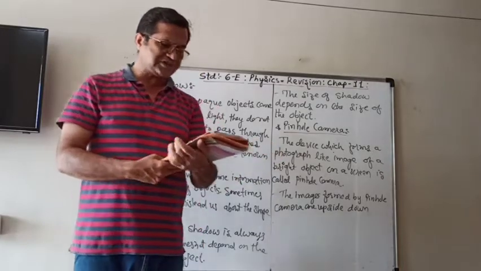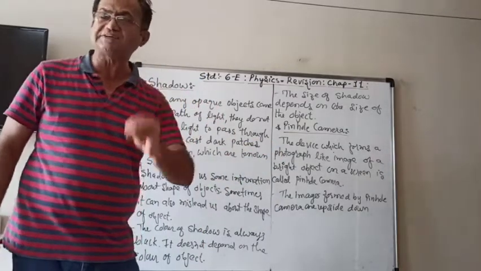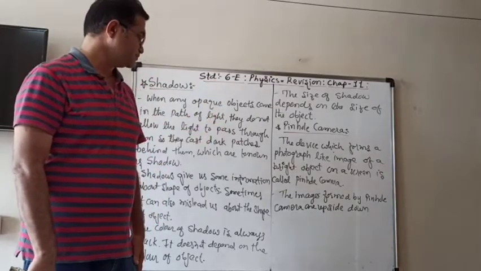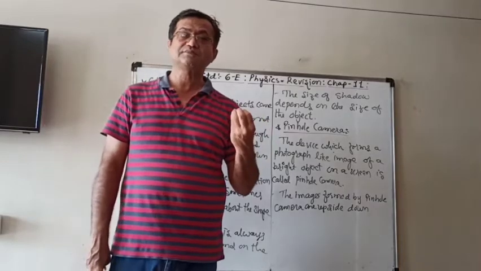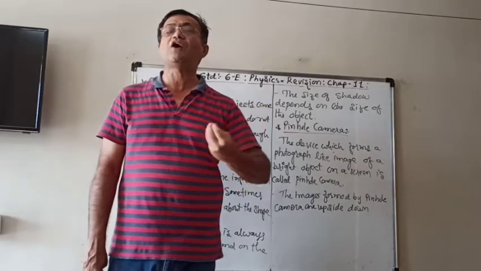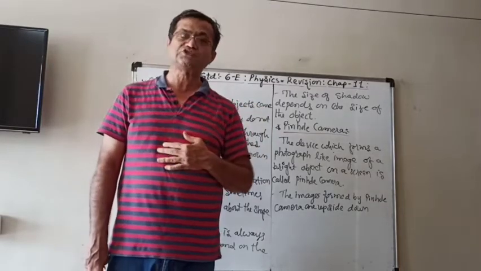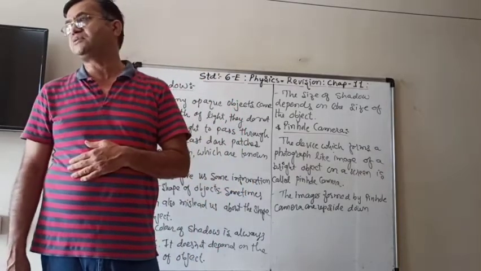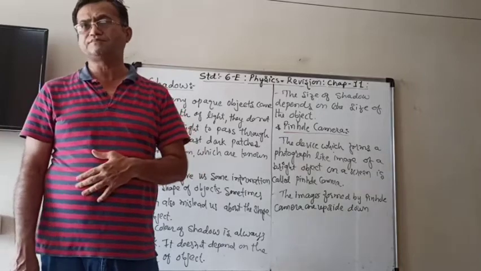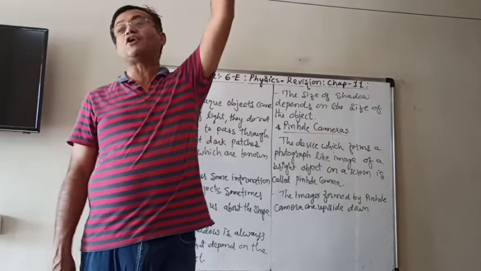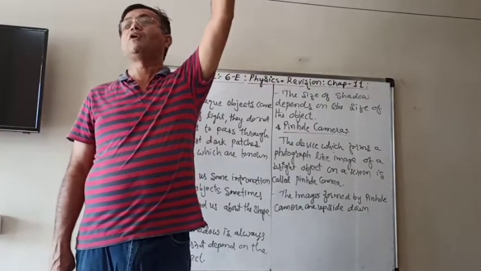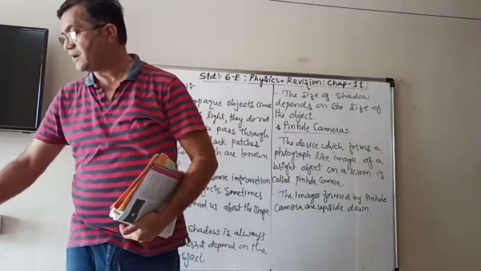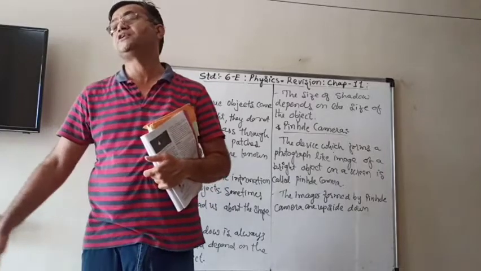As I told you, sometimes the shadow will give you an exact shape, so you will be able to understand, but sometimes the shadow can be of a different shape also. Suppose you are standing outside in the afternoon, when the sun is exactly above your head, then there will be only a round circle behind you.